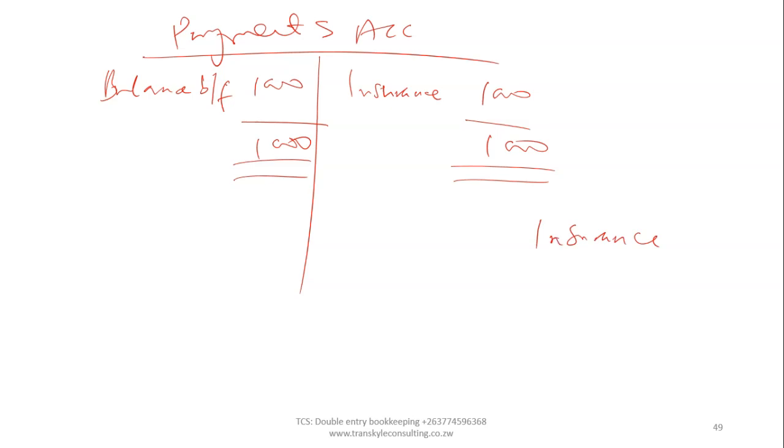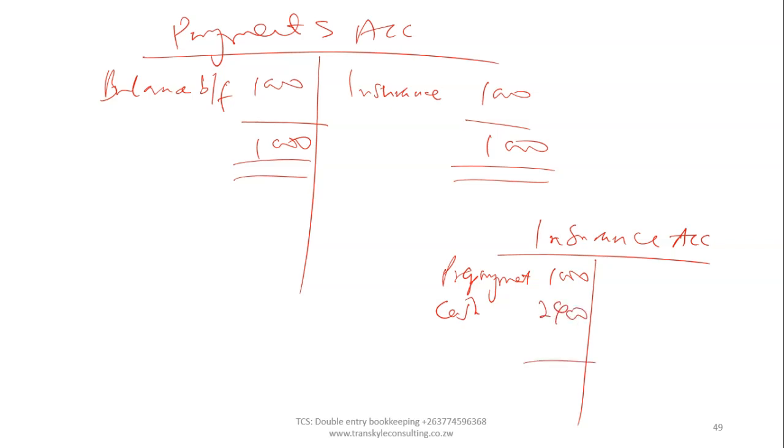The insurance account, we have got prepayments of 1,000. Okay, then cash which was paid for insurance 2,400. But we know that in this case, the 2,400 includes 6 months for this year and 6 months for next year.